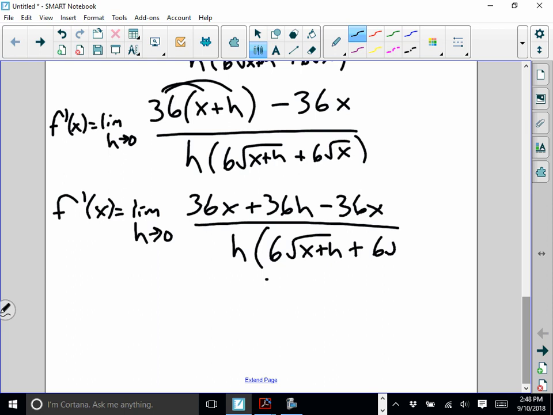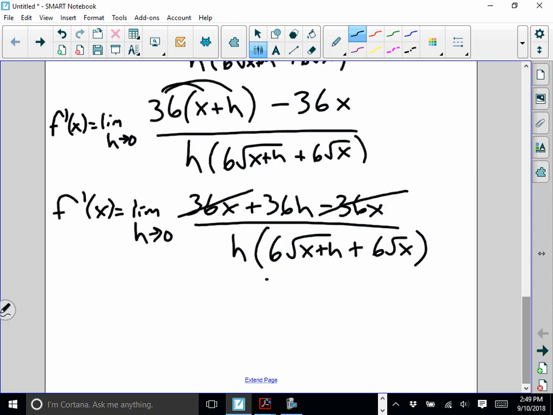When I distribute that 36, it's pretty clear to see here that the 36x and the minus 36x are going to drop. That's important because this leaves me with 36h on top, a monomial, and it leaves me with h times a binomial on the bottom.